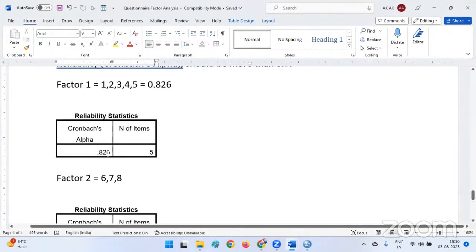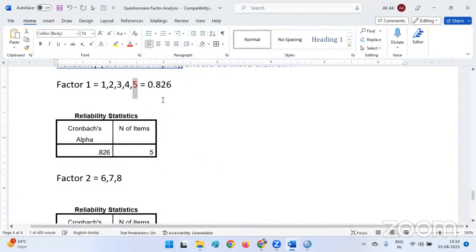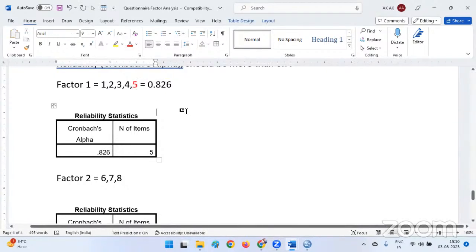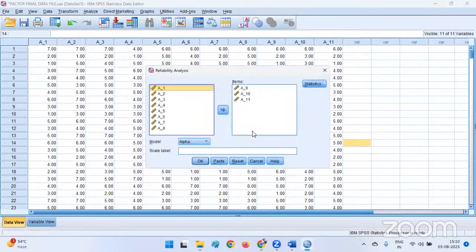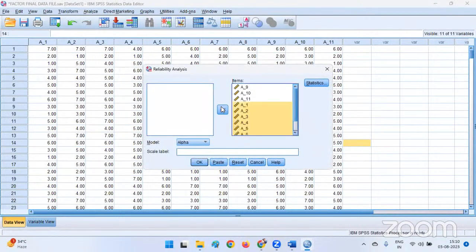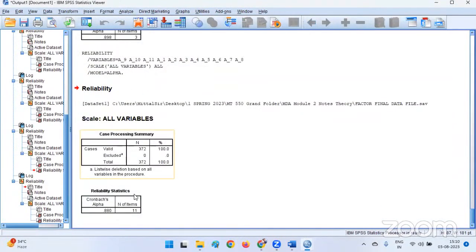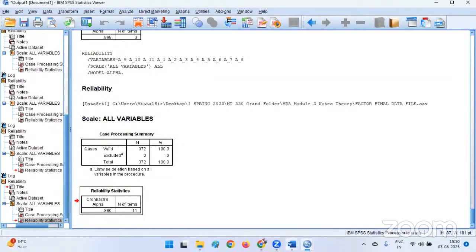Out of 3, factor 1 has a little lower reliability, but it is above the threshold. Every now and then the culprit is statement number 5. Now it is up to me whether I want to keep this statement or drop it. There is one more diagnosis. If you are in doubt, we check the reliability of the entire scale also, all the statements. Overall reliability is coming 0.880.